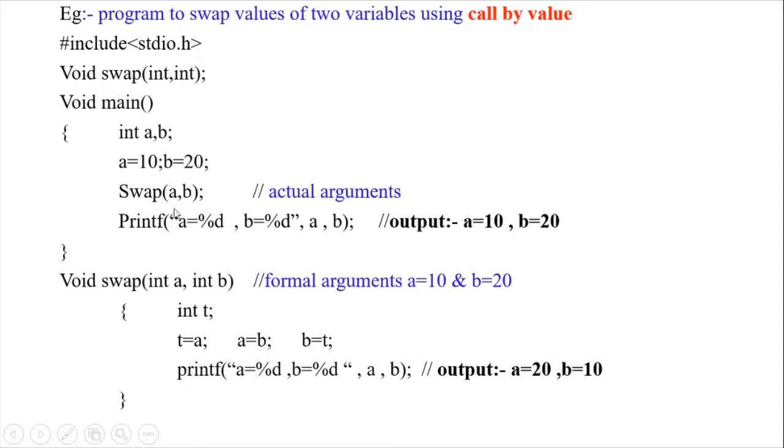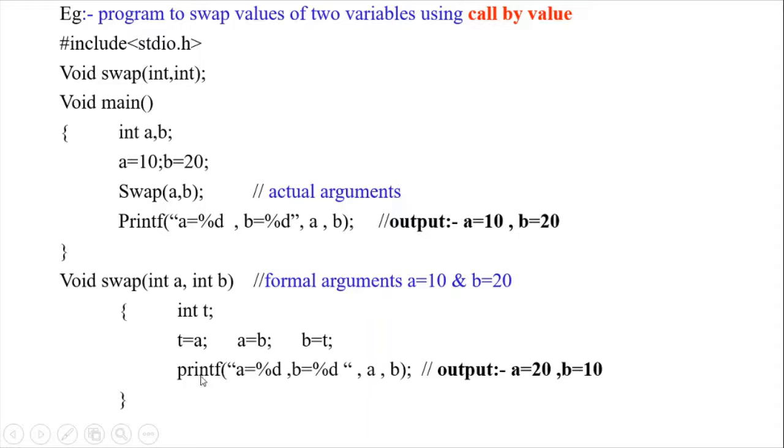So in the main function a and b are there, in the swap function a and b are there, and both are entirely different. In this program, actual arguments a and b will be copied into these formal arguments a and b. Inside the function definition, we are just swapping the values of a and b by using a third variable t.